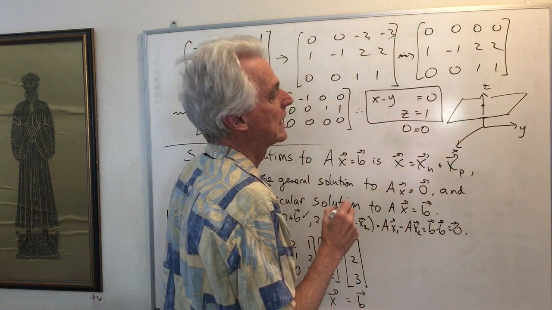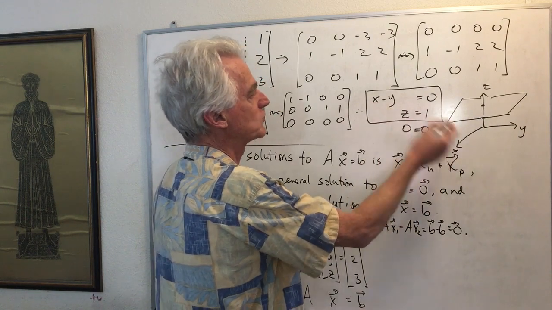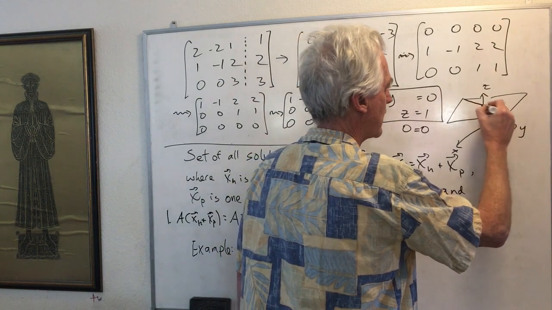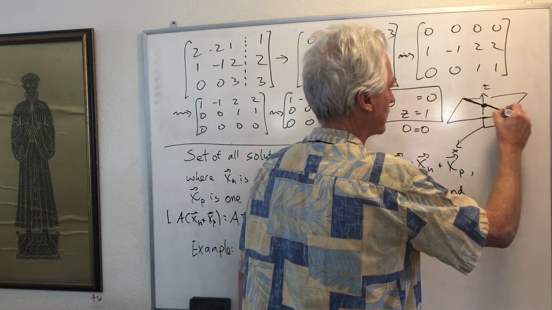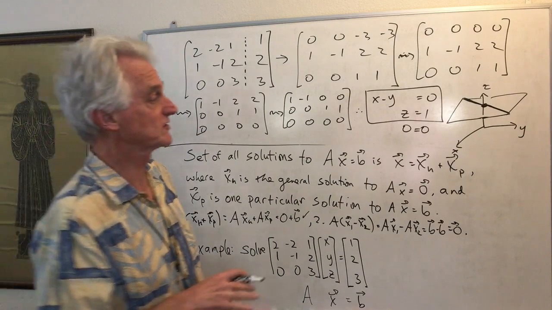Okay. And the solution is actually x equals y in that plane. Here's x equals y, this little line here. So this little line in three-dimensional space is the solution.